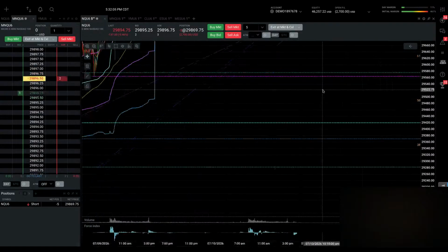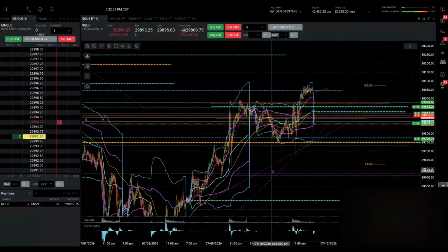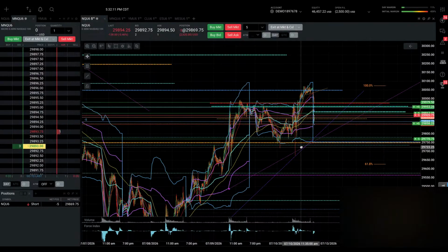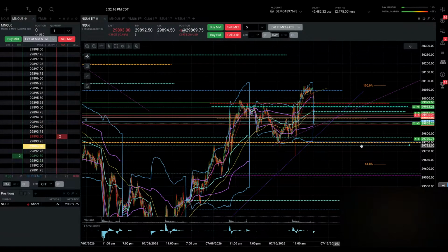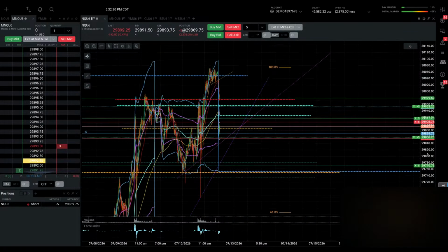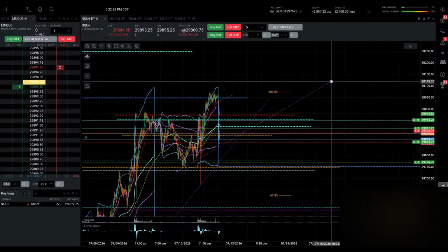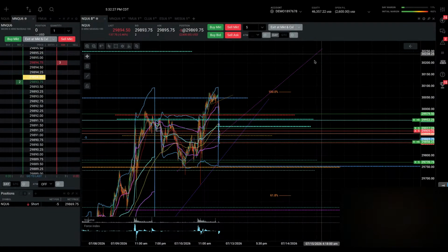That lines up okay for now. And then we'll see if we can take this one and create a more defined one.